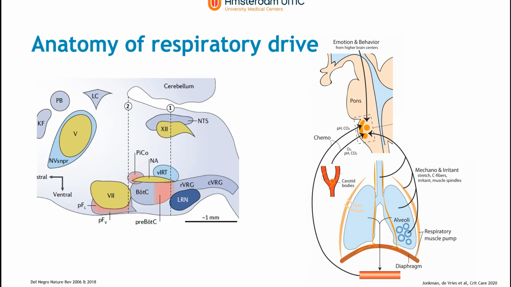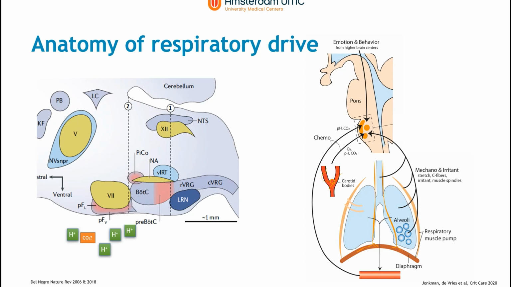So that's already rather complex, right? There's a fourth area that's important, the ventral parafacial region. That's exactly the area where we sense changes in pH in the cerebrospinal fluid. If pH decreases, this area becomes more active and it stimulates the pre-Bötzinger complex. Remember, the pre-Bötzinger complex is always active throughout life, but the region for expiration and post-inspiration is only active during higher loading.